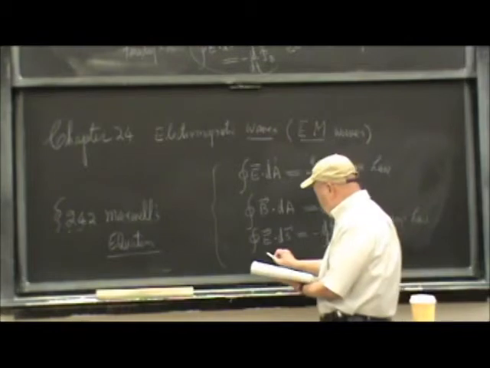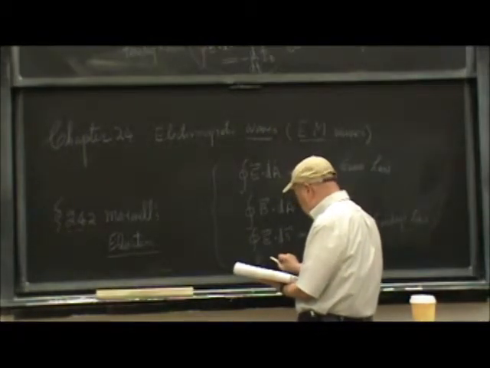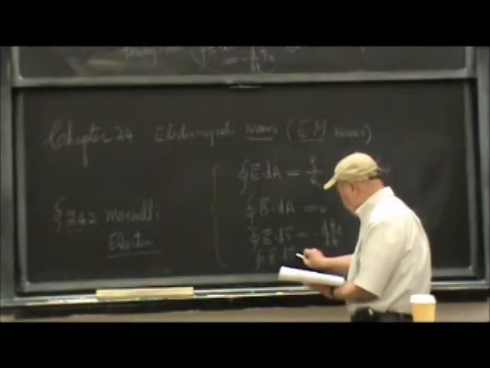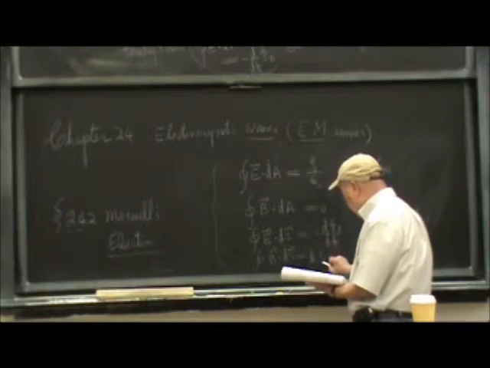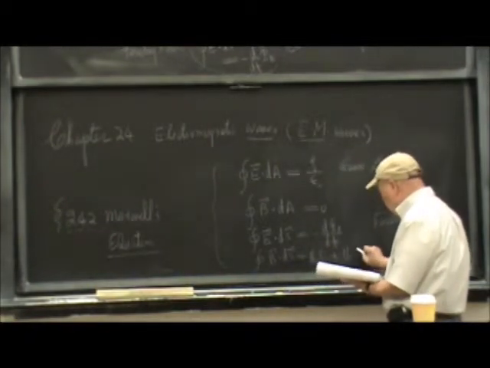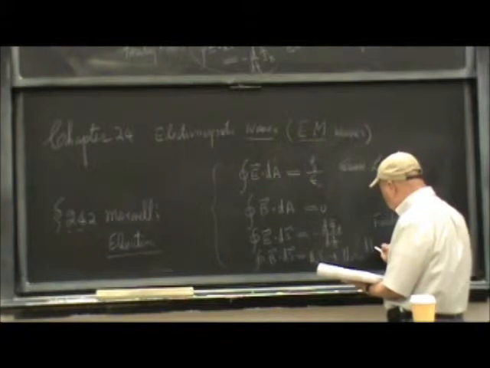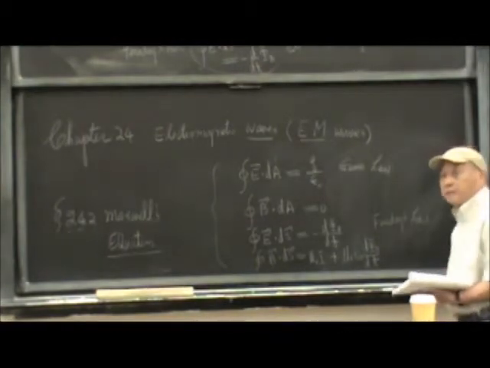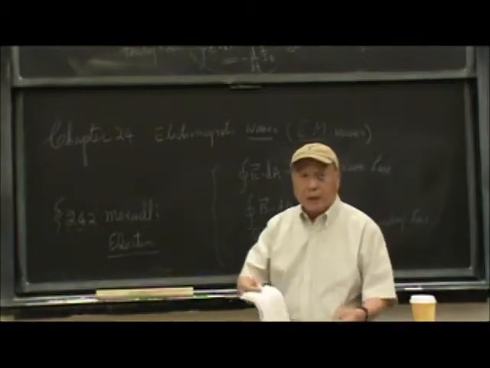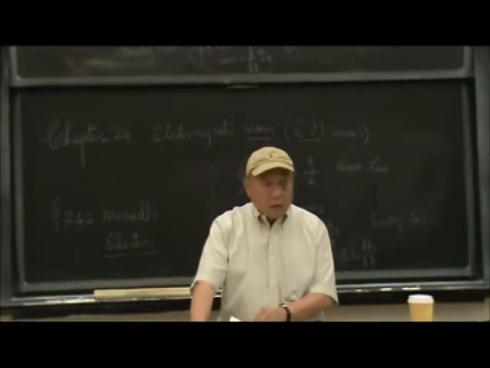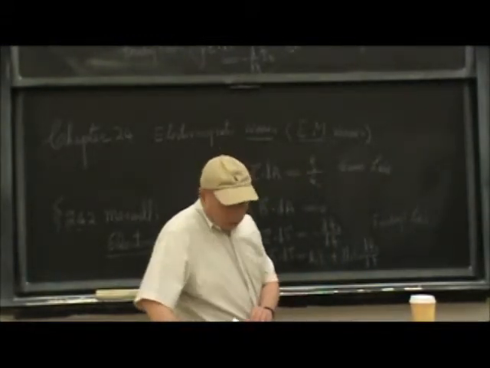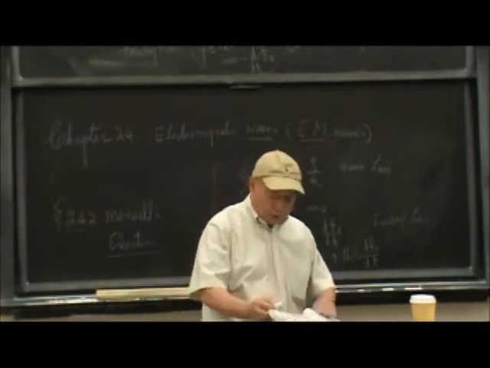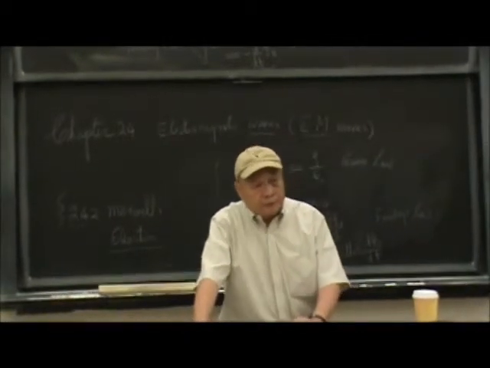And the last is the generalized Ampere's law: the integral of B dot ds equals mu sub 0 I plus mu sub 0 epsilon sub 0 d phi sub E dt. What was the second law called? The second law is Gauss' law for the magnetic field.